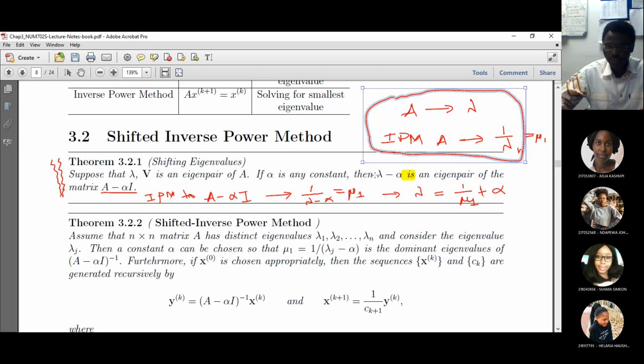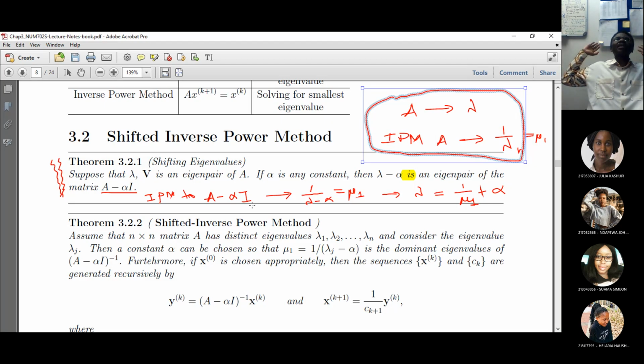Whatever you have here with lambda, replace lambda with A, and when there's alpha, multiply it by identity. So this will be an eigenvalue of A minus alpha identity.